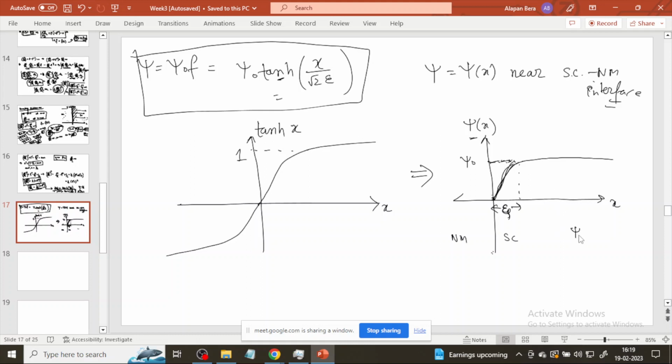Then the density of Cooper pairs reaches the value of mod psi naught square, which is uniform thereafter. So after the coherence length, the density of Cooper pairs reaches its maximum value. That is how we can conclude how psi, the wave function or order parameter, behaves near the superconductor normal metal junction.